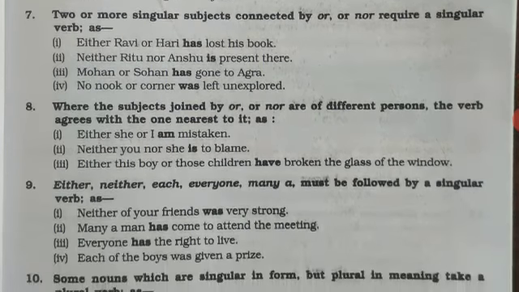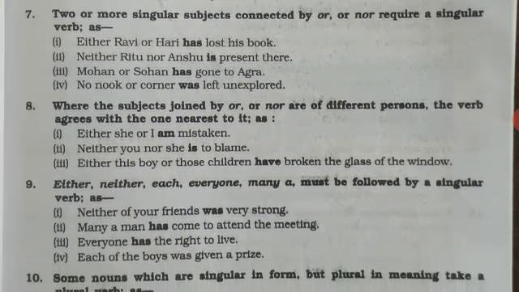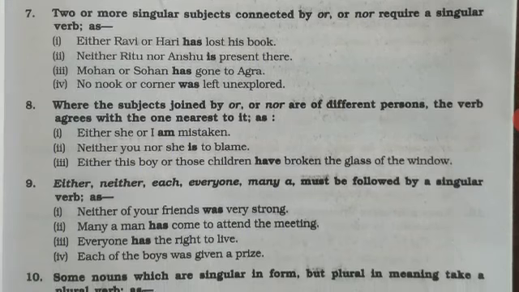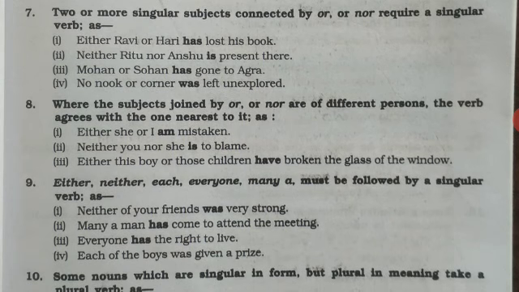Rule number 9. Either, neither, each, everyone, many a must be followed by a singular verb. For example, neither of your friends was very strong. Clear?